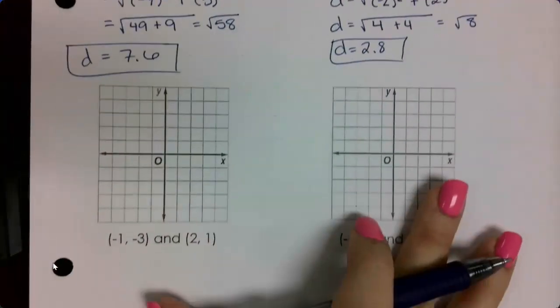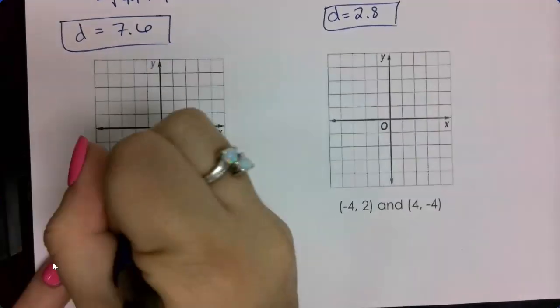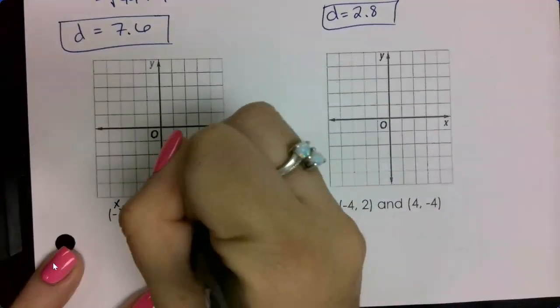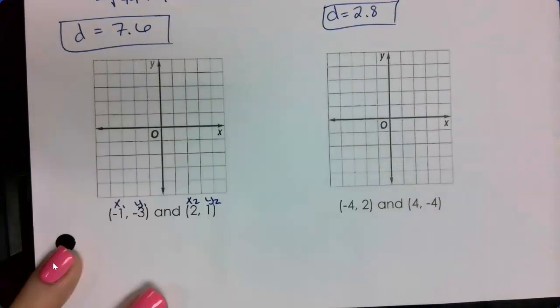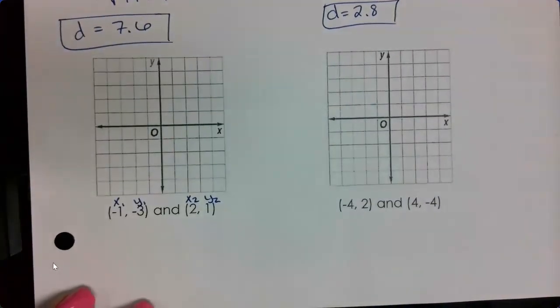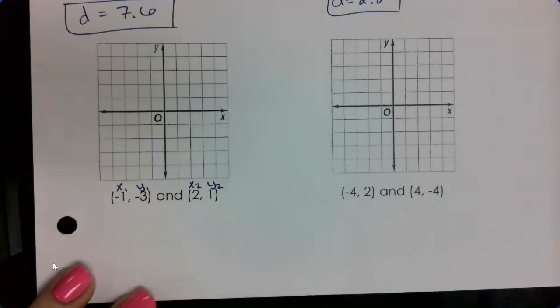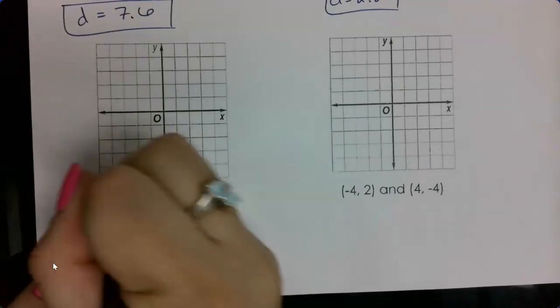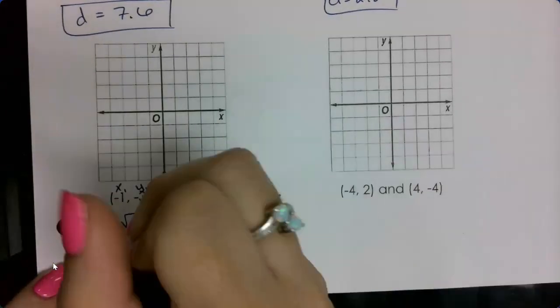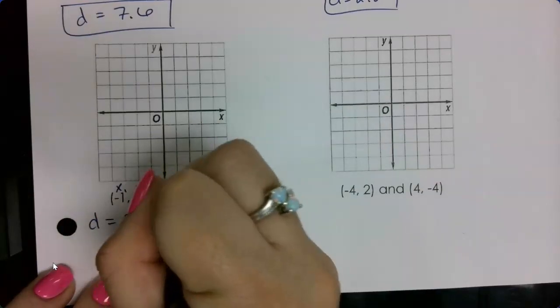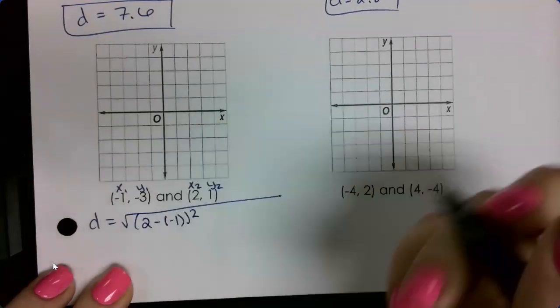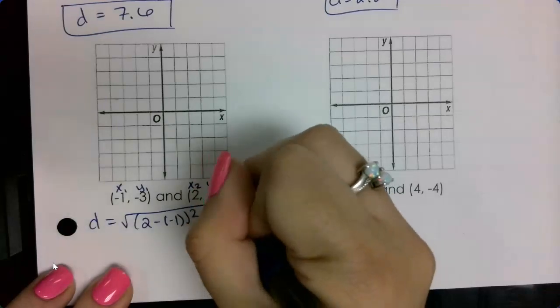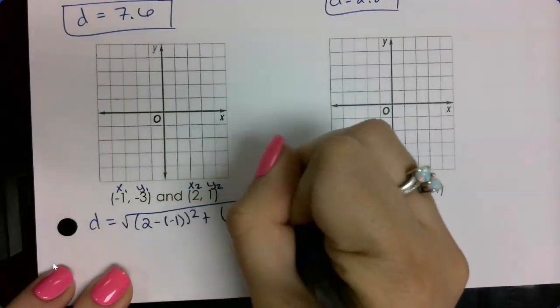Okay, so moving on, I'm going to label my points. This is going to be x sub 1, y sub 1, x sub 2, y sub 2. Plugging into my distance formula, I'm going to have the square root of 2 minus negative 1 squared plus 1 minus negative 3 squared.